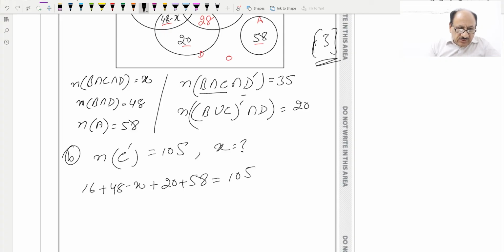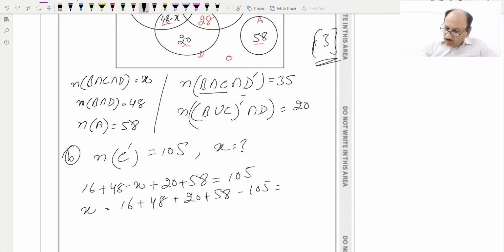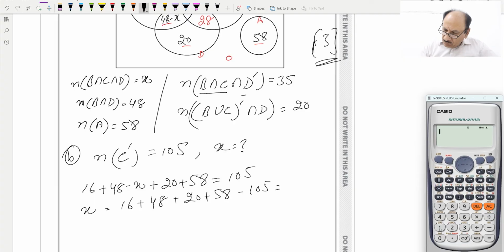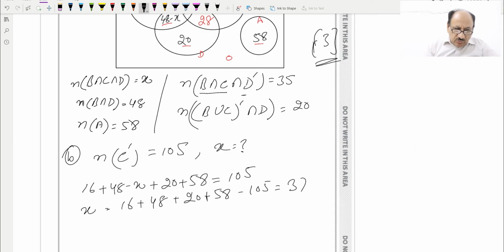We can shift X to the other side, and keep the rest here, plus 58 and minus 105. We can use a calculator: 16 plus 48 plus 20 plus 58 minus 105 is equal to 37. So X is equal to 37.